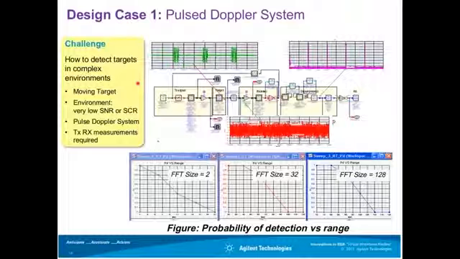So the challenge here is we want to detect a target. The target return is very weak, and we have to detect the moving target in complex environments. So we're talking about the moving target, complex environment, and we use the pulse Doppler structure.